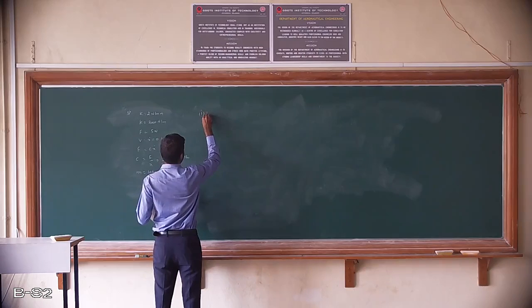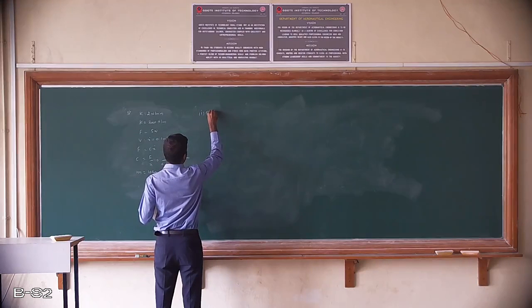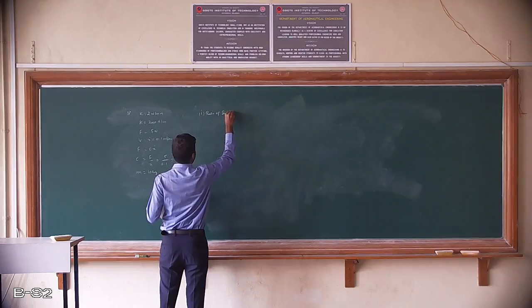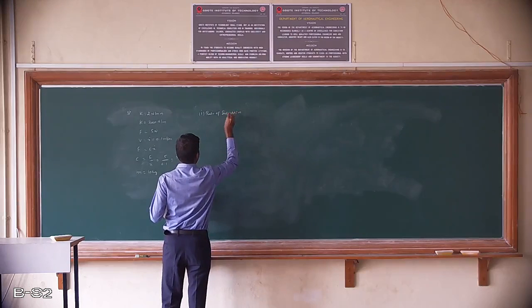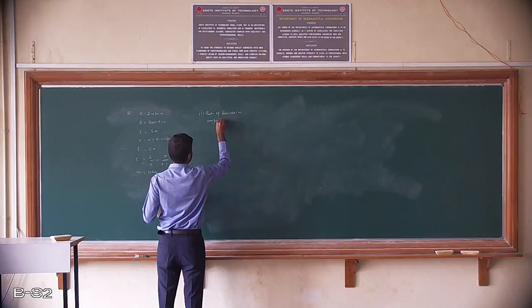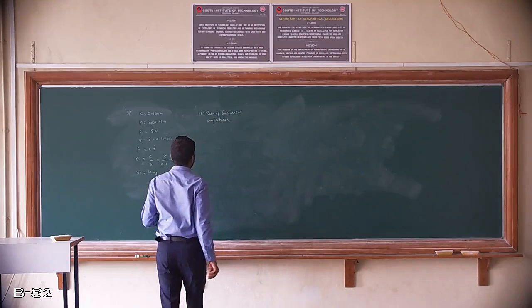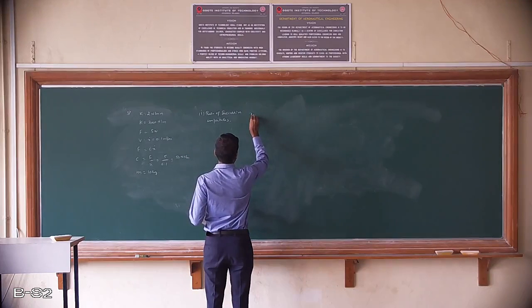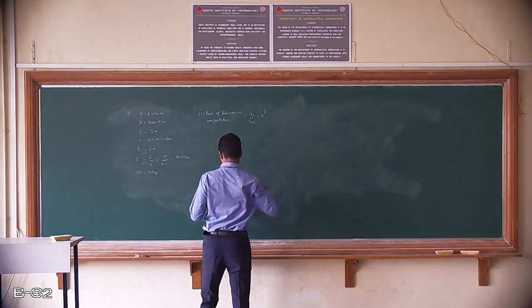We need to find out the ratio of successive amplitudes. The ratio of successive amplitudes is given by the equation xn divided by xn plus 1 is equal to e raised to delta.